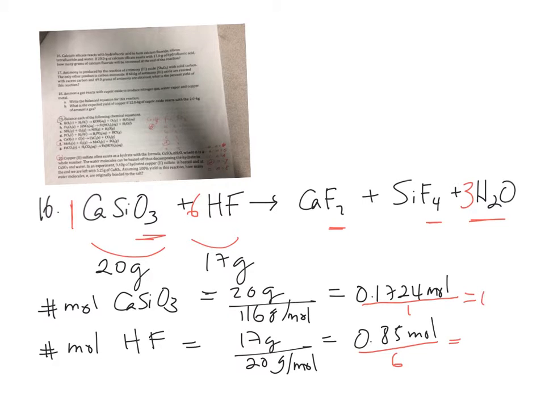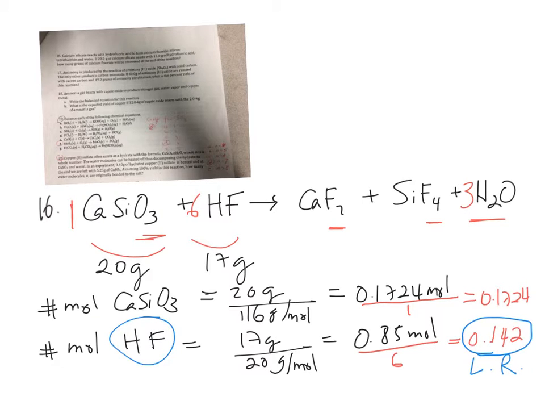That gives me 0.1724, the same number, and then the other one changes and ends up being 0.1417. Now, to determine the limiting reactant, you look at these two red numbers. Since 0.142 is smaller than 0.17, our limiting reactant is HF.